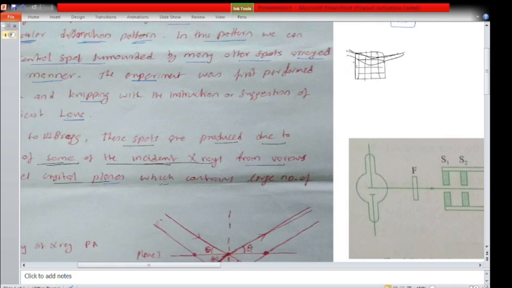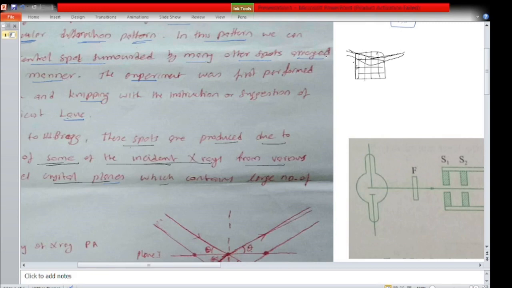That is the explanation of W.L. Bragg for this kind of spot formation when we pass X-rays through crystals. So that is his idea.